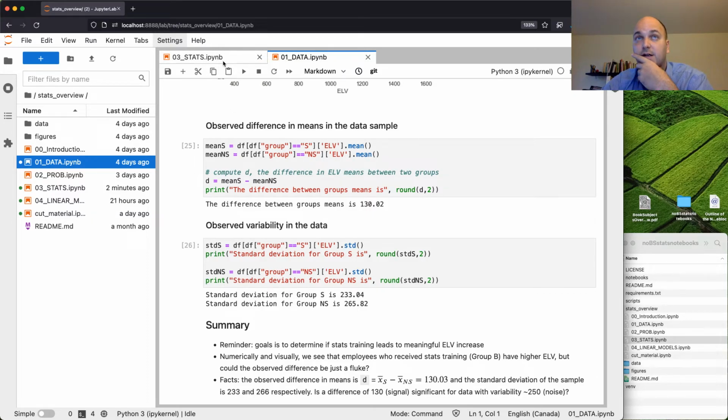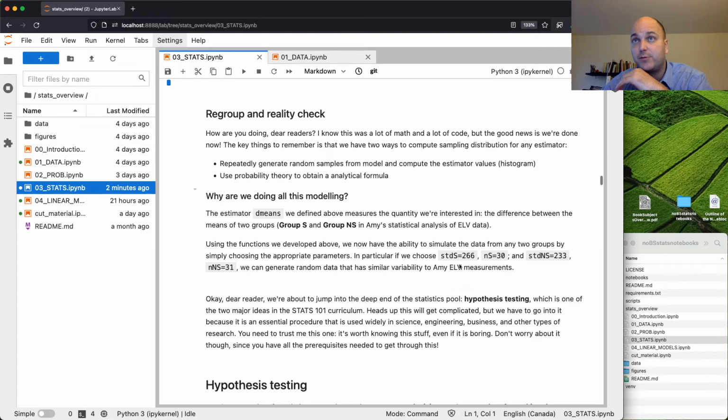So this is all we need. We can build now a model using what we just saw for the difference between group means, and using that model we can start to do hypothesis testing, we can start to do estimation.